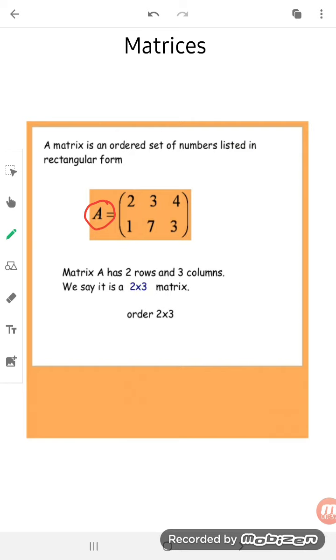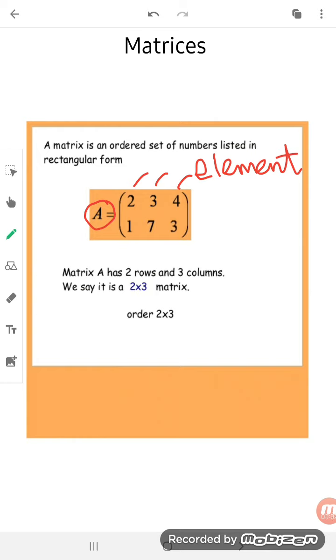A is the name of the matrix, and these numbers are called elements. Each number is called an element, and all these numbers are called elements of the matrix A.